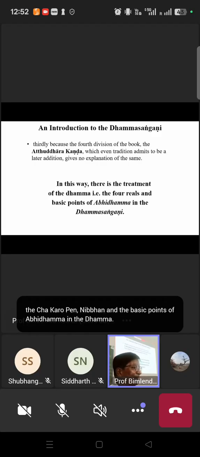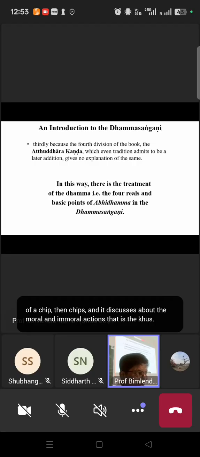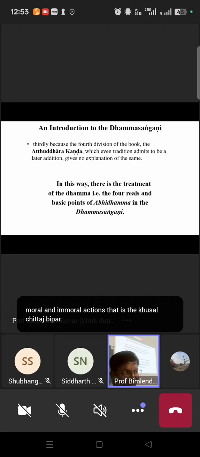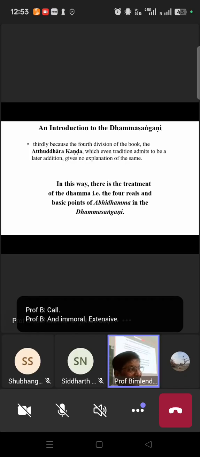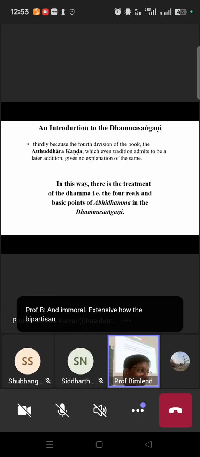So in that way, the Dhammasangani is called a book of psychology and ethics, because it discusses the mind in the form of chitta and chetasika, and it discusses moral and immoral actions, that is the kusala chittas, vipaka chittas and kriya chittas. And it discusses what is the result of moral and immoral actions, and how the vipaka chittas are responsible for a person taking birth.